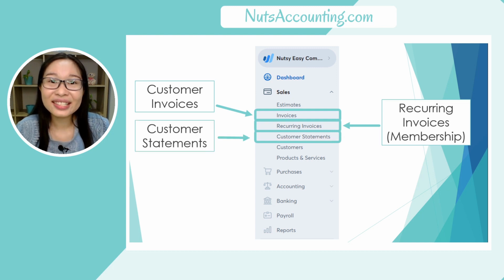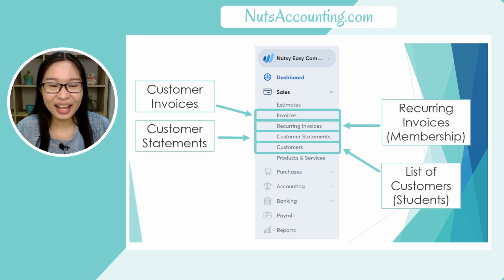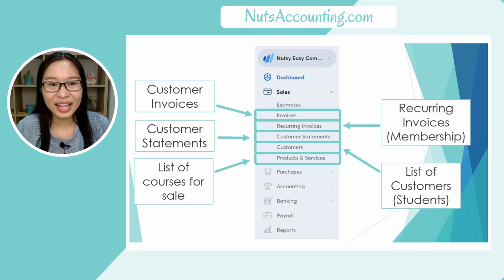Then the next one is your customer statements. And the next is your list of customers, which is also a list of all your students that you have recorded in Wave app accounting. And last but not least, of course, the complete list of all the courses that you are selling will be categorized under products and services in the sales menu.